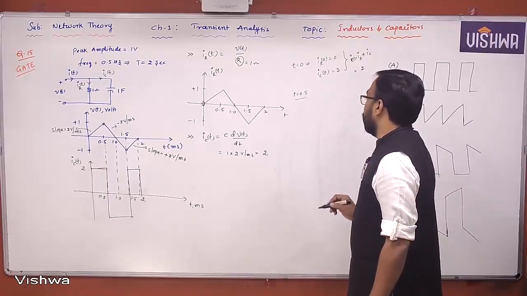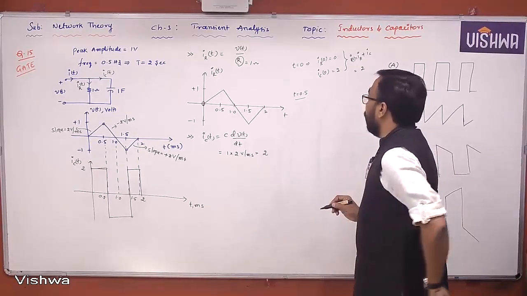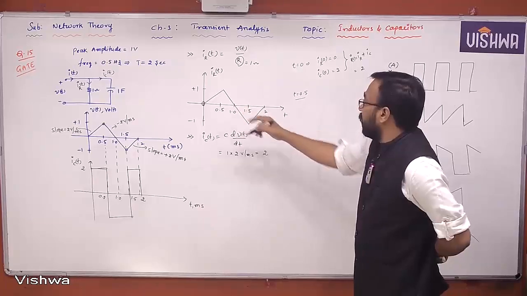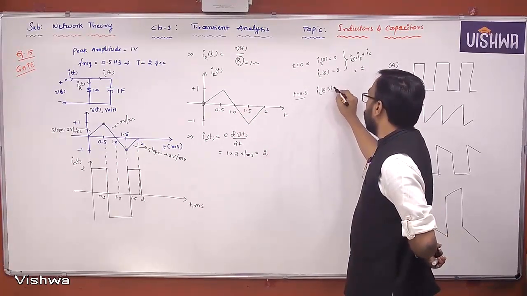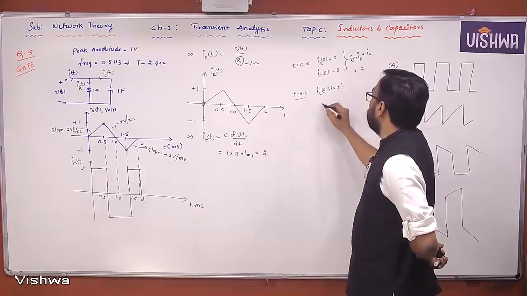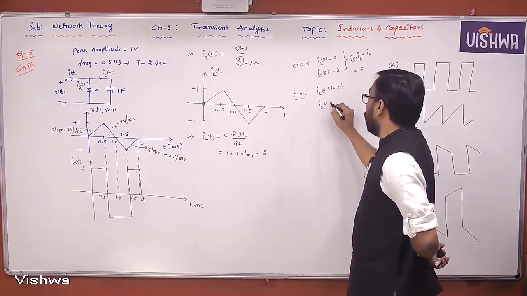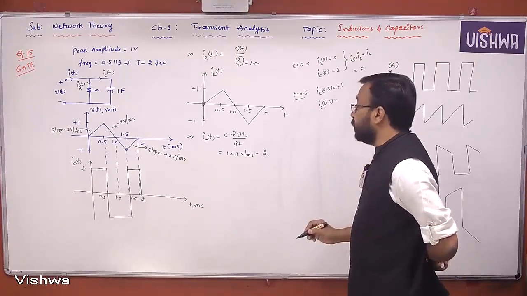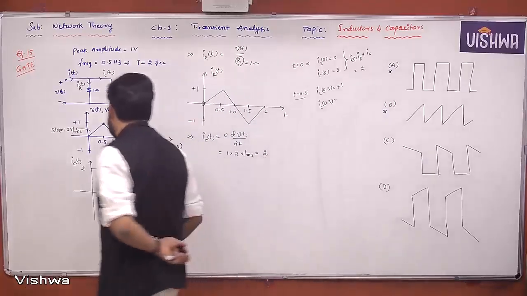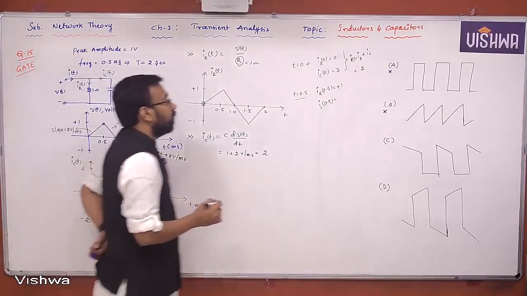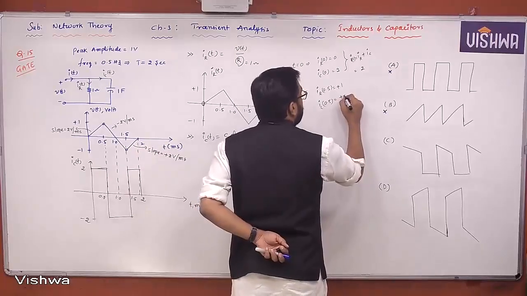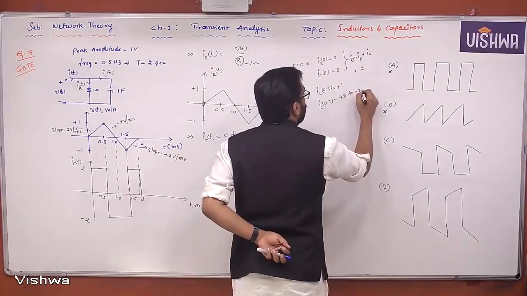Now what is t equal to 0.5 that you are getting here? When you take t equal to 0.5, what is that value here? IR of 0.5 is nothing but +1. And IC of 0.5 is changing from +2 to -2. Look at this, all of you. This is changing from +2 to -2.